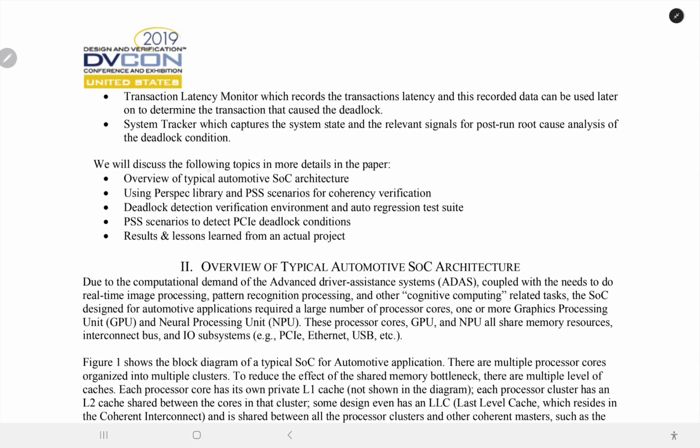We will discuss the following topics in more detail in the paper: an overview of the typical automotive SoC architecture; using the Perspec library and PSS scenarios for coherency verification; the deadlock detection verification environment and auto-regression test suite; and PSS scenarios for PCIe deadlock conditions, results, and lessons learned from an actual project.